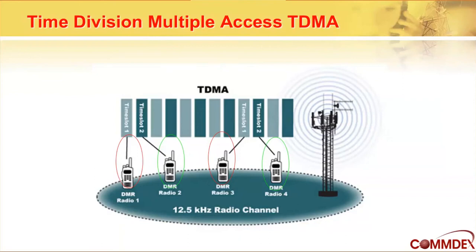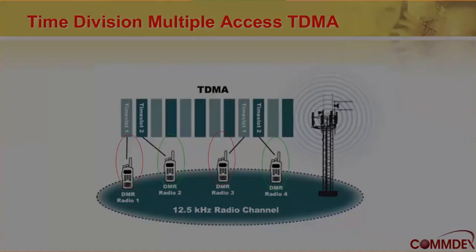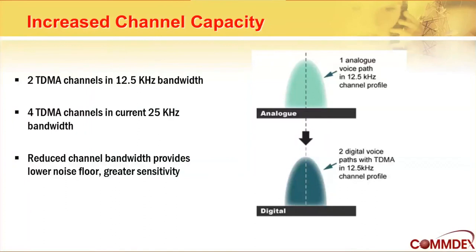Again, 2 time slots in DMR. The channel capacity, again, 2 TDMA channels are created within the same 12.5 kilohertz channel. There are systems out there that use 4 TDMA channels, some that use 6, but the concept's the same.